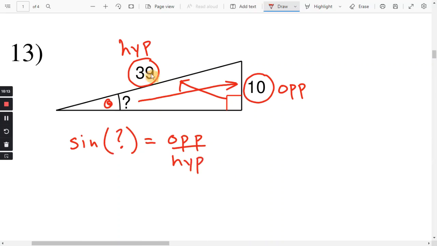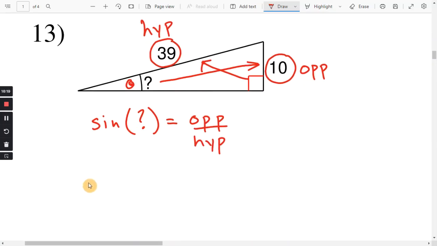Now again, when you plug in the numbers for the formula, leave some room on each side. We're going to be using the inverse sine. All right, so the sine of the angle question mark is going to equal opposite, which is 10, divided by hypotenuse, which is 39.